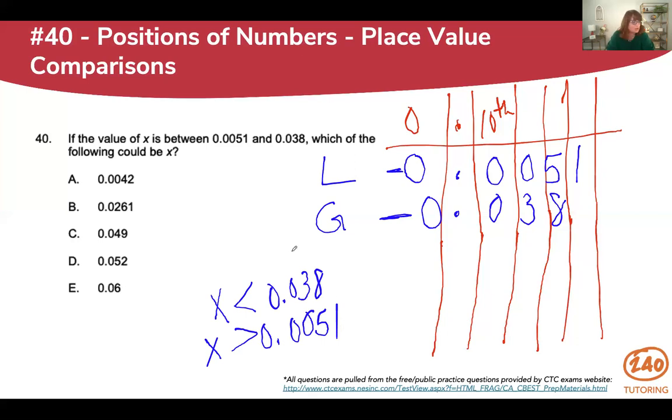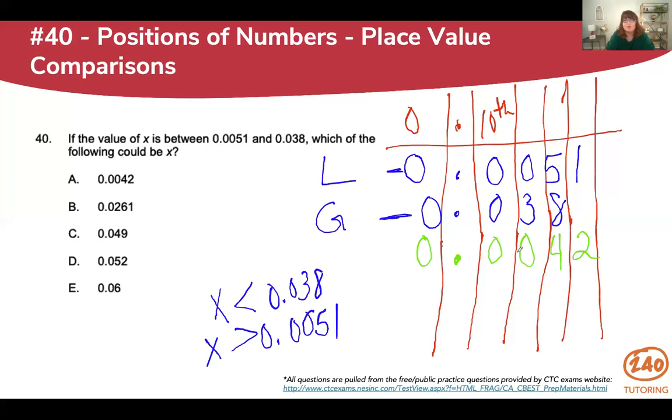All right, now let's just plug in these answer choices. And I'm going to change my pen color again just to make this real easy to see. Let's go green. So I'm going to plug in each of these numbers. I'm going to start with my decimal. I've got 0, and then I've got 2 zeros behind it, 4, 2.